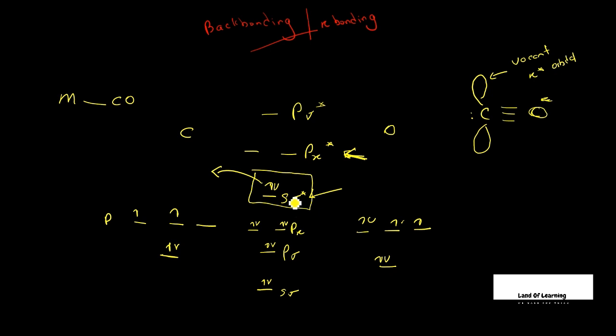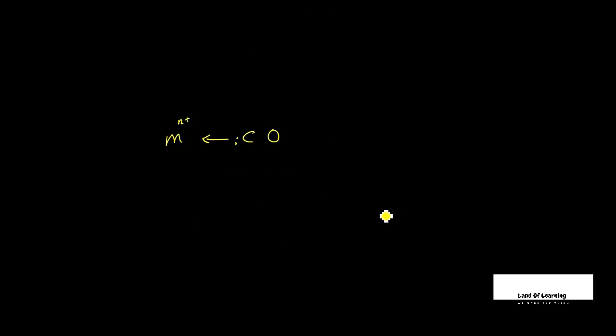You can see when this happens, when this orbital donates electrons towards our metal center, our carbon monoxide's antibonding character will be reduced. So in this first step, step number 1, we call it sigma donation. In this case, the carbon monoxide bond will be strengthened.